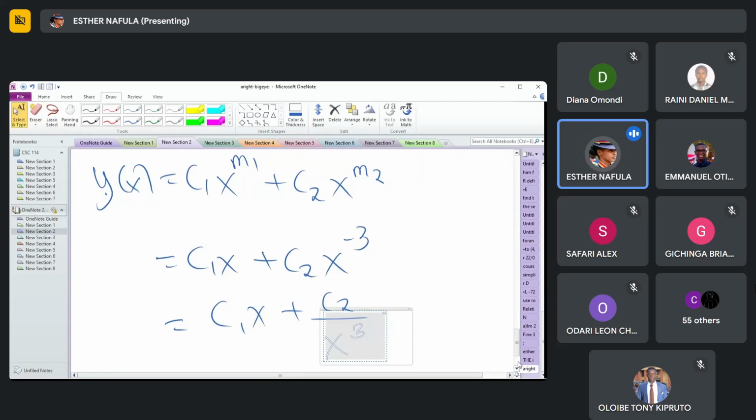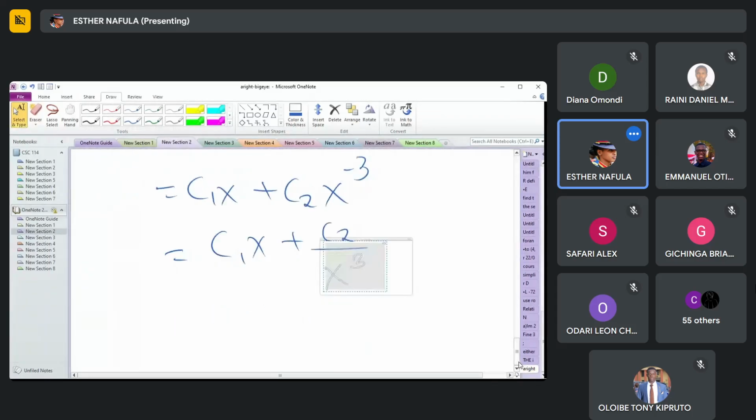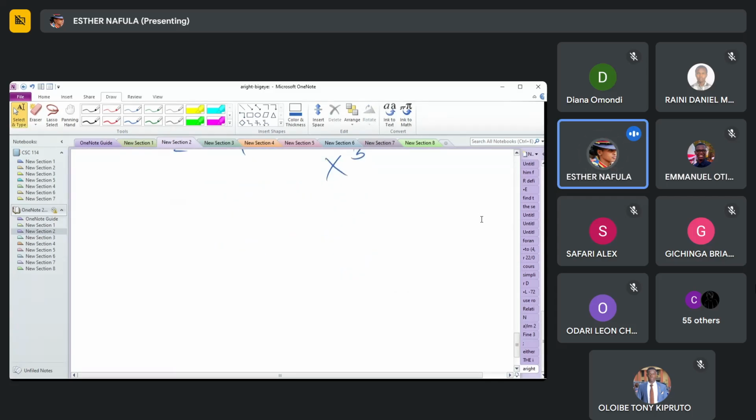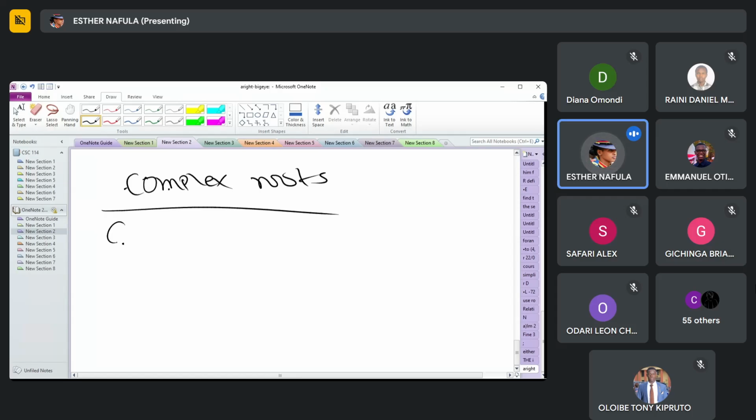That concludes this question. We now move to complex roots. When you have complex roots, I'll just give the formula for the general solution.